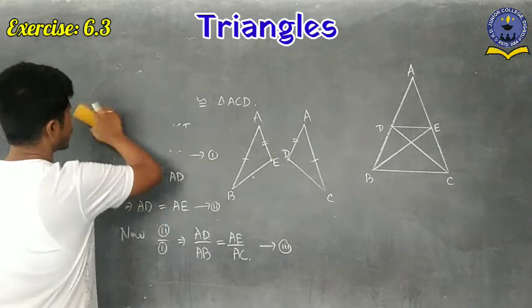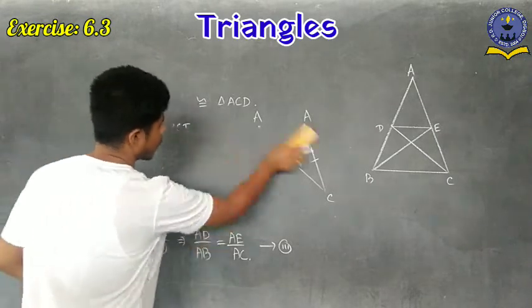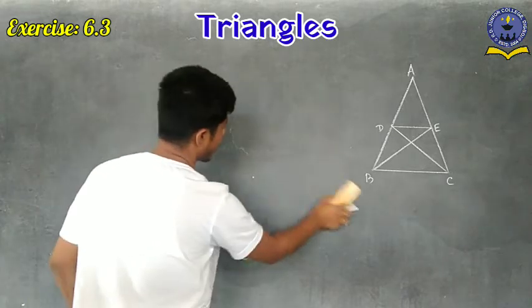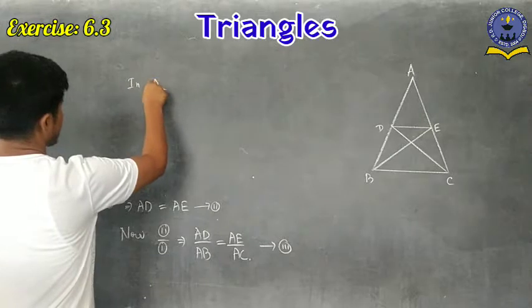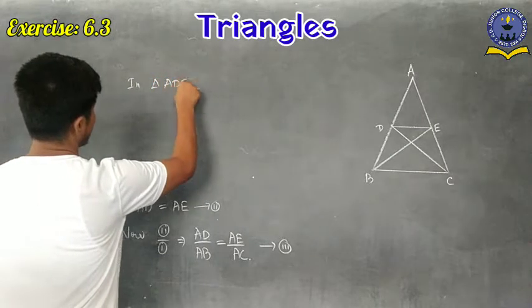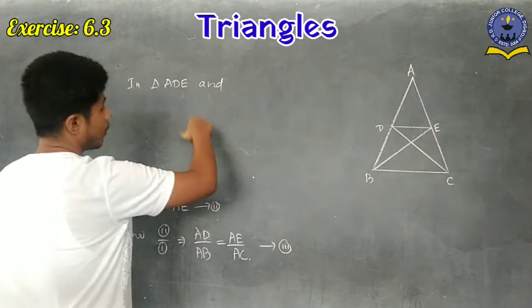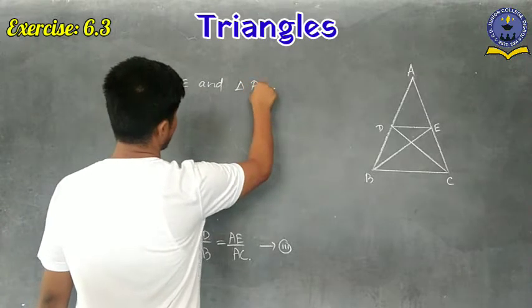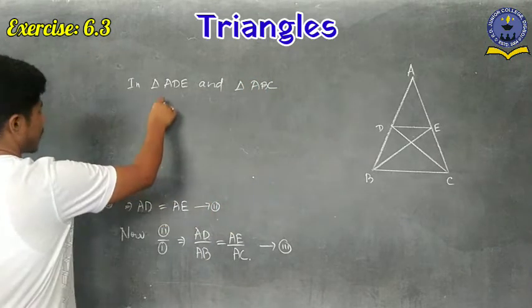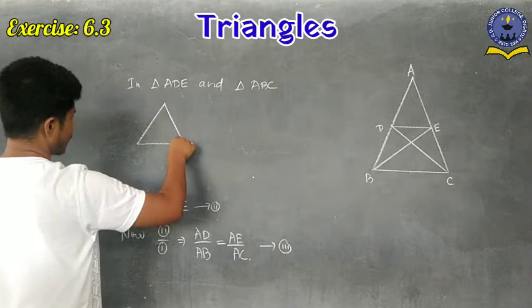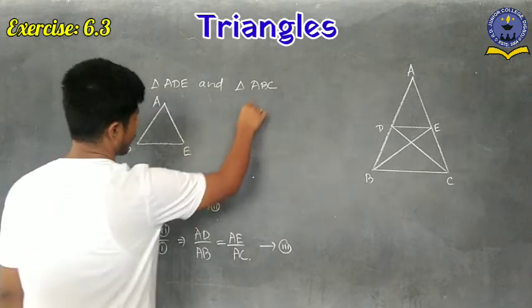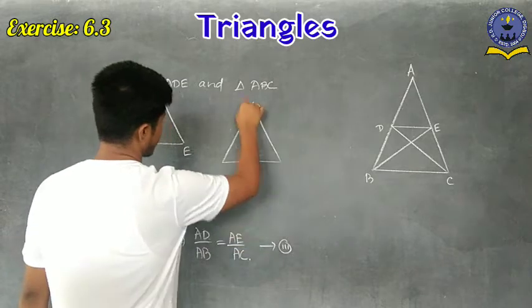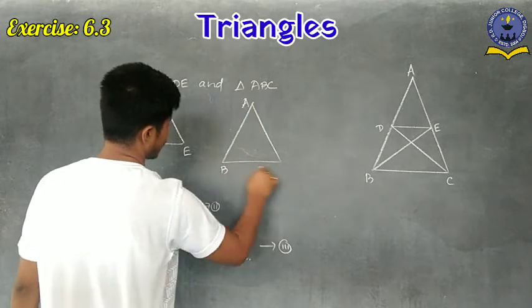For that reason, if we consider the triangles here, the first triangle is ADE. So we write, in triangle ADE and triangle ABC. If I draw them separately, the first one is ADE and the second triangle is ABC.